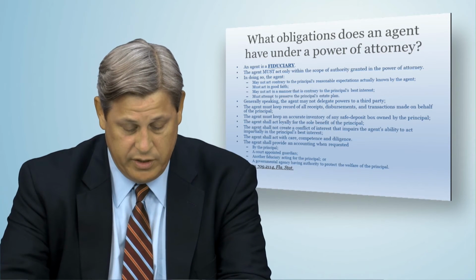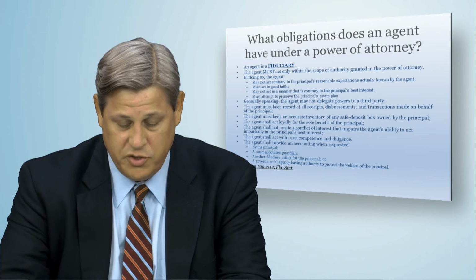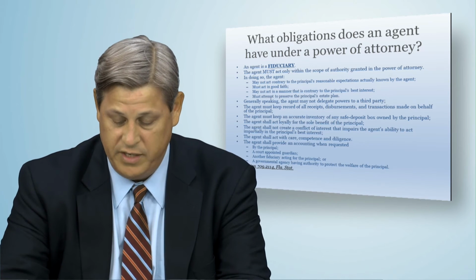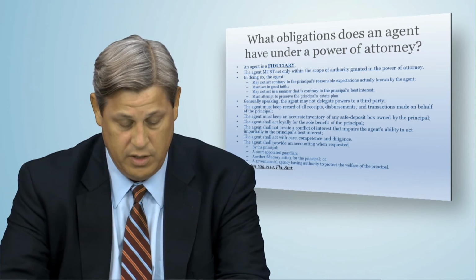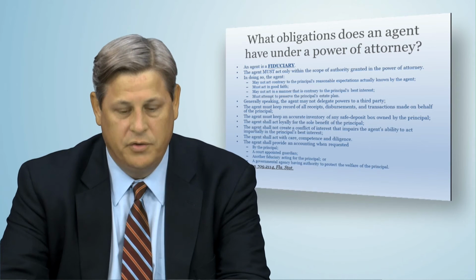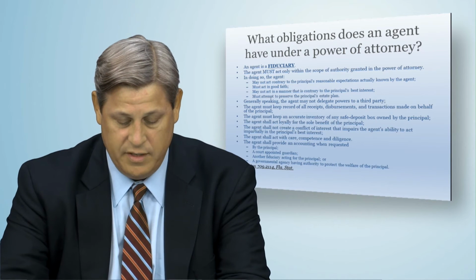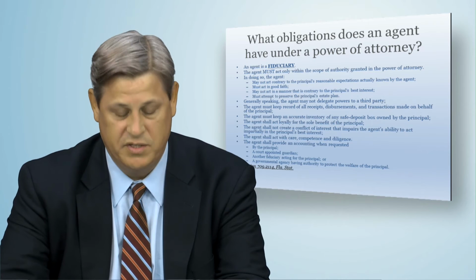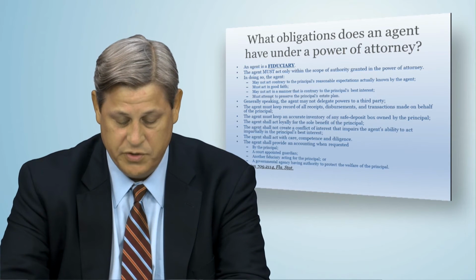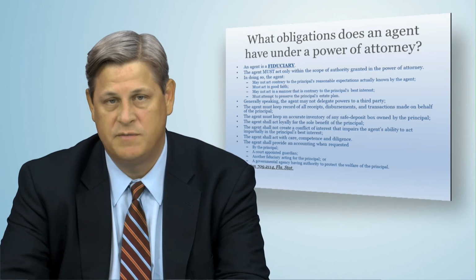Likewise, an agent must not act contrary to the principal's reasonable expectations actually known by the agent. The agent must act in good faith, must not act in a manner that is contrary to the principal's best interest, and must attempt to preserve the principal's estate plan as best as possible.